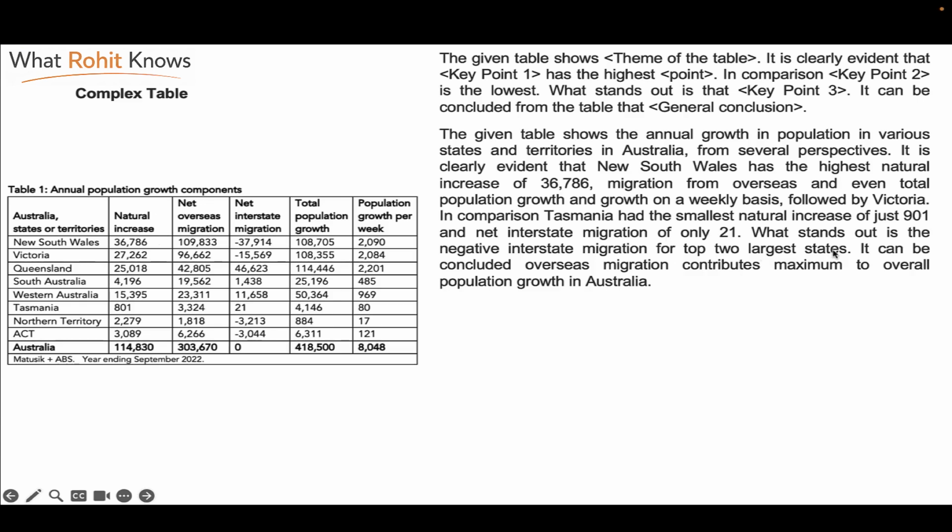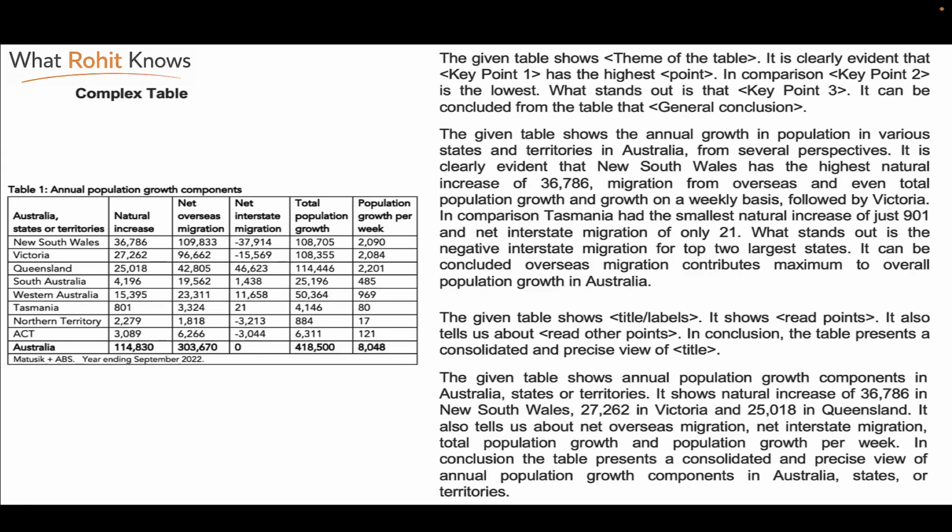So that stands out, obviously. That's different from the trend. And then it can be concluded that overseas migration is actually what's contributing maximum to the overall population growth in Australia. The natural increase is much smaller. The interstate migration is actually negative. So the main population increase actually happens by net overseas migration.